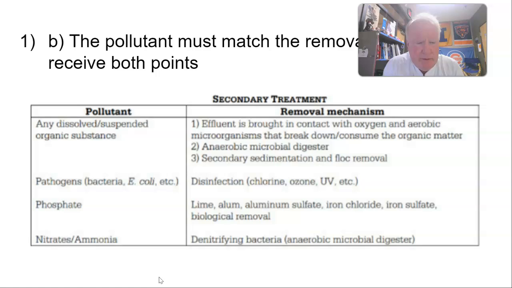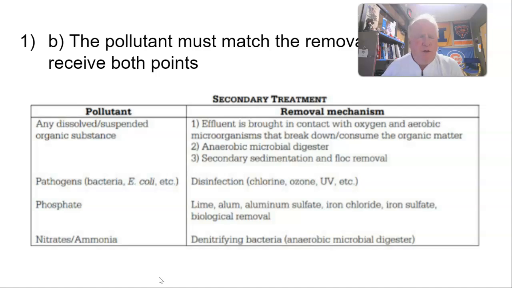So if you were talking about dissolved organic material, then you had to talk about introducing bacteria to get rid of that. If you talked about getting rid of the bacteria, then you had to talk about disinfection. If you talked about phosphates, then you had to look at lime or these different ideas of how to attach something to that phosphate and then precipitate it out.